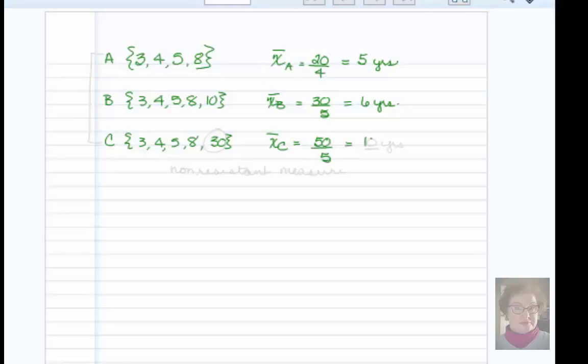So my mean age for those 5 children went up 10 years. So notice that the difference between set A and C is only that 30-year-old, but that 30-year-old coming into the room raised our mean by 5 years. So this is what it means to be a non-resistant measure.